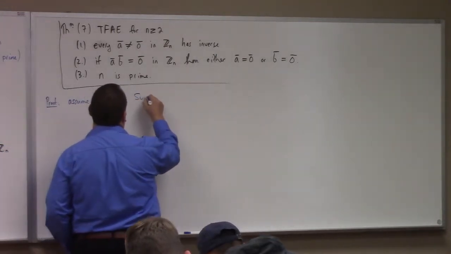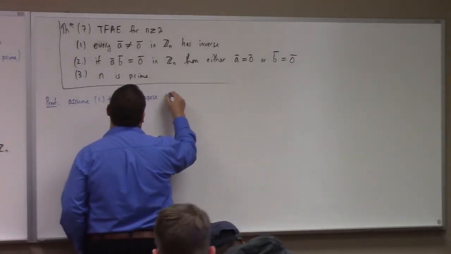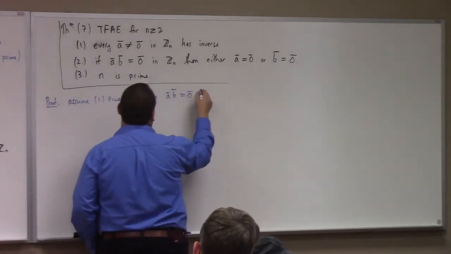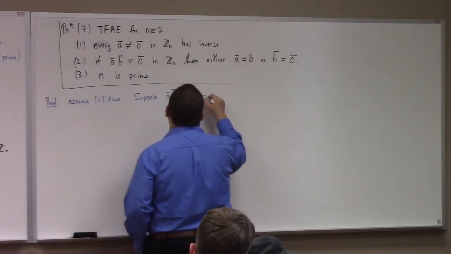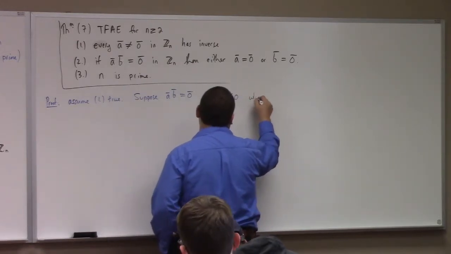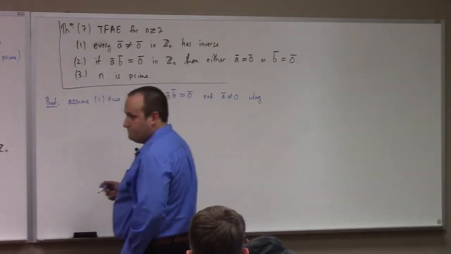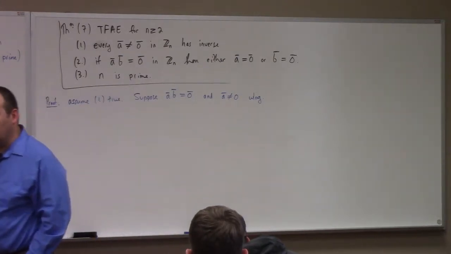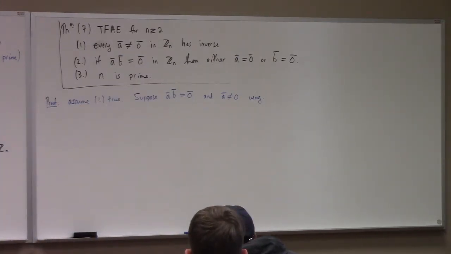Suppose that A bar, B bar is equal to 0 bar, and A bar is not equal to 0 without loss of generality. What do I need to show then to prove 2 is true? I must show that B is 0, because either one of them or the other has to be 0.